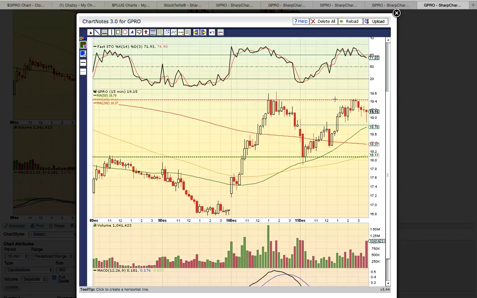You want to see the red horizontal resistance line, this line here, turn green and turn into support, and that will equal more upside potential.